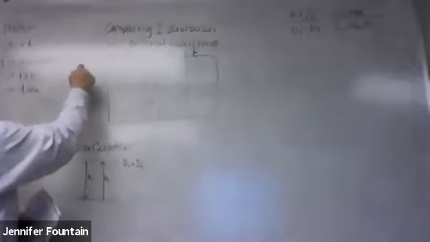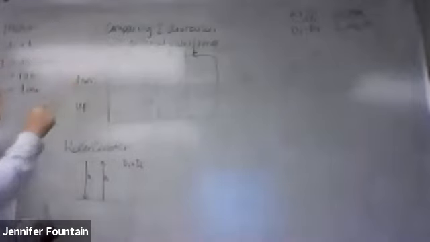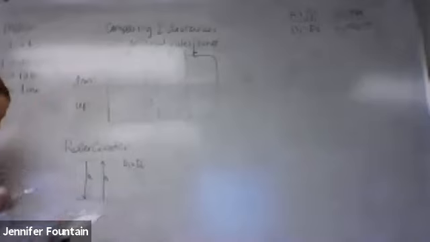So it says a roller coaster goes down and up. The distance down is 100 feet more than the distance up. So which one am I going to let be D?